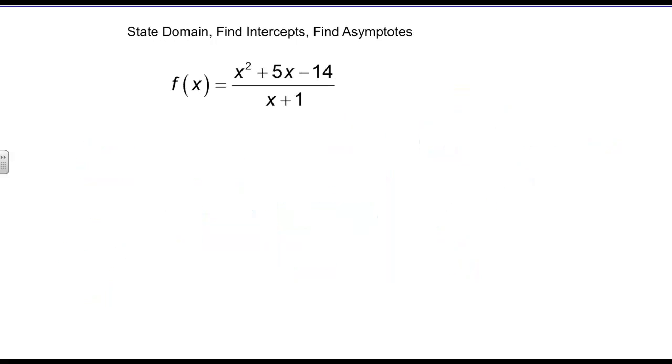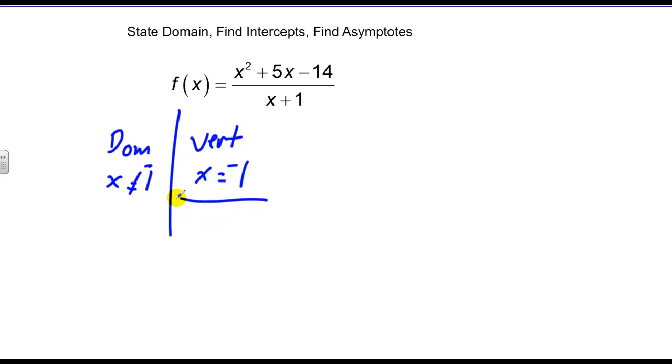Keep on moving. In this case, again, we can find the domain. X not equal to 1. That's going to give me my vertical asymptote. That's going to be a negative. X equals negative 1. Horizontal, degree of the numerator greater than degree of the denominator.